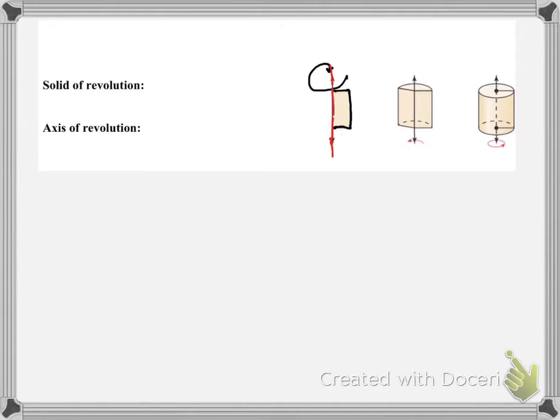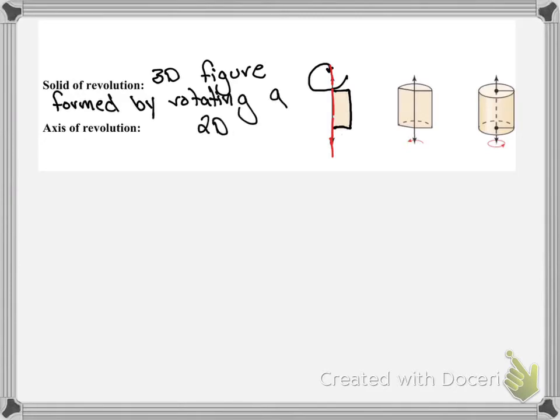A solid of revolution is a 3D shape, or I guess we'll use the book term, a 3D figure formed by rotating a 2D shape around an axis.